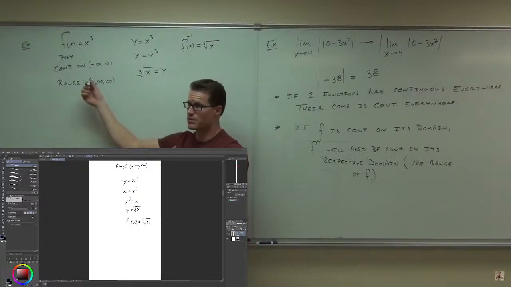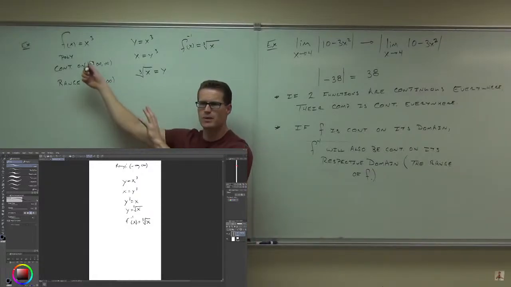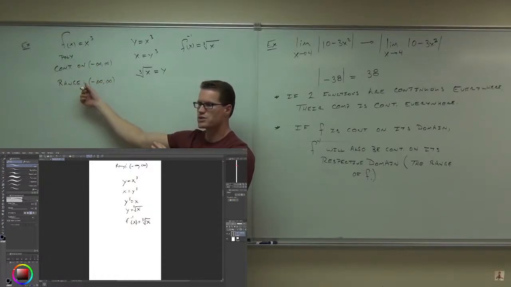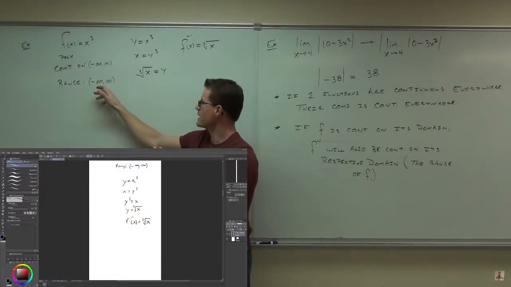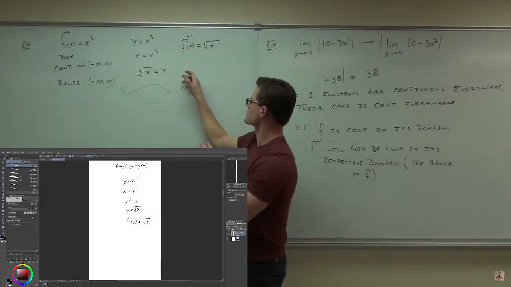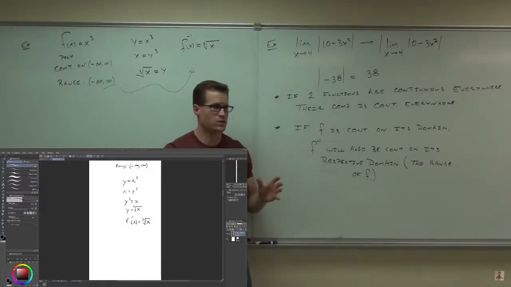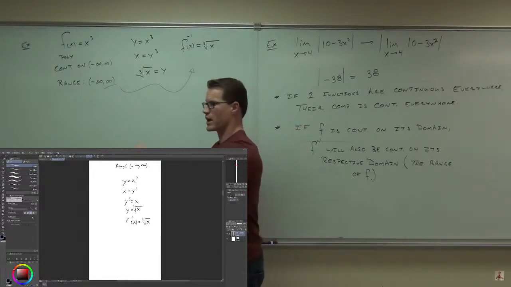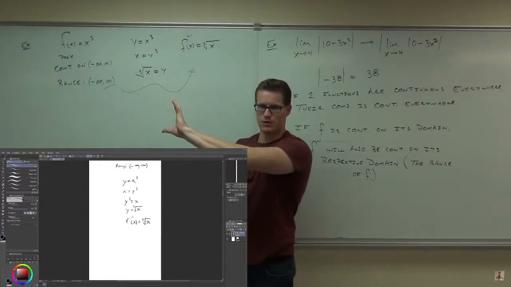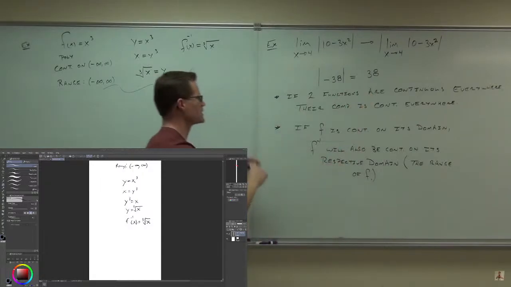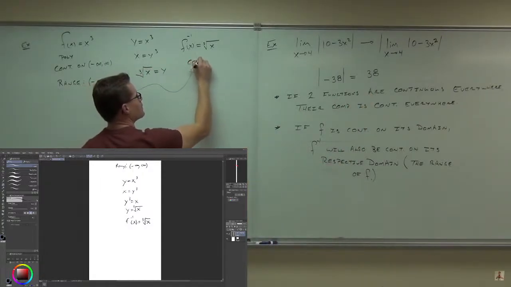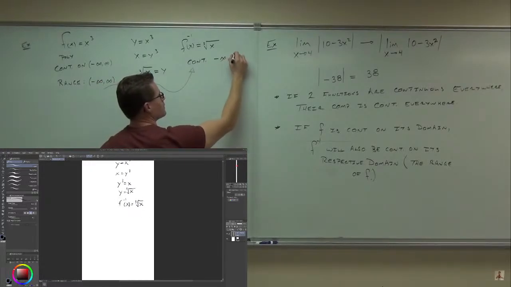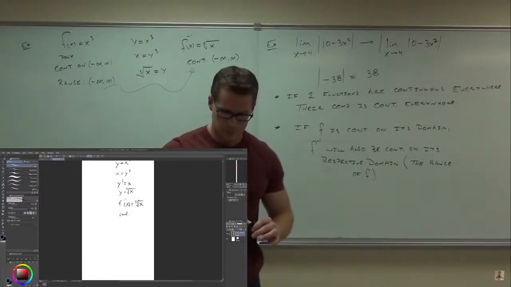Because the range of my function was negative infinity to infinity, what this says is that this must be continuous from negative infinity to infinity, continuous everywhere. If the range is everything, the inverse function has a domain of everything. So it's continuous because of the range, negative infinity to infinity.